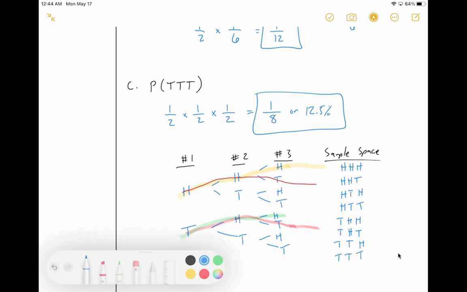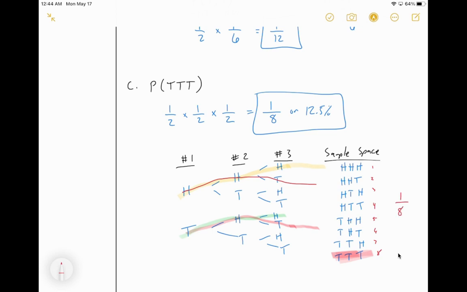The only one I really care about, the one I really want, is tails, tails, tails. How many options are there? There's only one that I want, and there are 1, 2, 3, 4, 5, 6, 7, and 8 choices. So there you go, 1 out of 8, like we said. Of course, we don't need to do this the whole time.